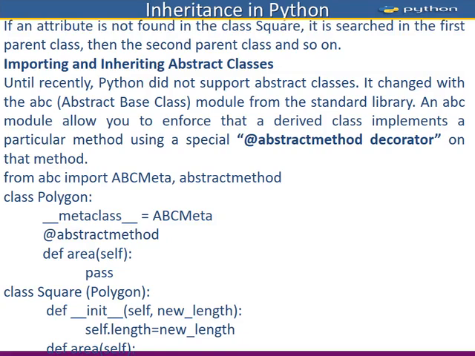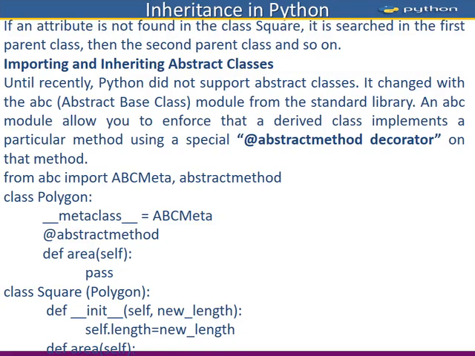Another means of implementing inheritance is importing and inheriting an abstract class. We discussed the first one, inheriting a class. The second one for implementing inheritance is importing and inheriting an abstract class, using the ABC, abstract base class.